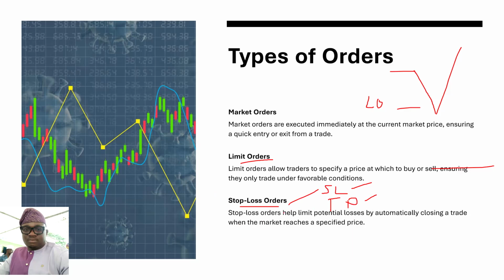They serve the same purpose: automatically closing a trade either in profit, which is TP, or at a loss when the market reaches a specified level, like the image I just showed you. There's a specified level where I'm anticipating that if the price reverses from this level, it goes to this particular level, with higher prices anticipated. If it reaches that level, it will help me take my profit. And if it goes below where I'm anticipating, it will take my loss and stop my losses. So that's that about that.